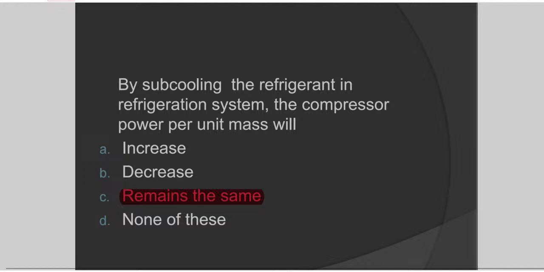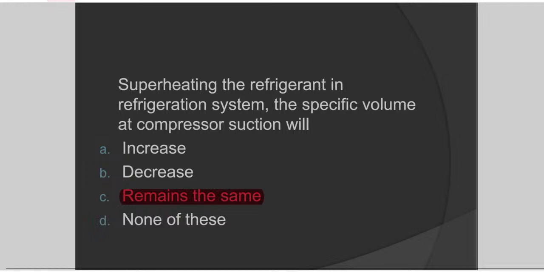By subcooling the refrigerant in a refrigeration system, the compressor power per unit mass will: A. Increase. B. Decrease. C. Remains the same. D. None of these. Superheating the refrigerant in a refrigeration system, the specific volume at compressor suction will: A. Increase. B. Decrease. C. Remains the same. D. None of these.